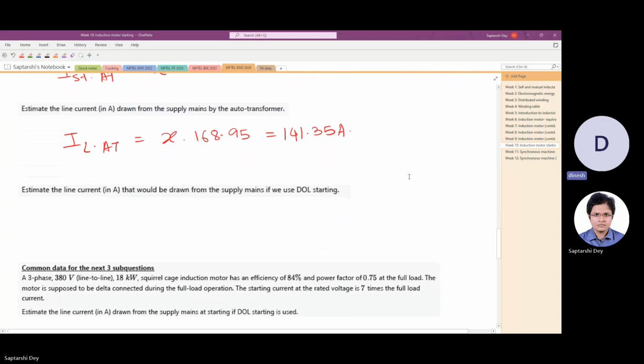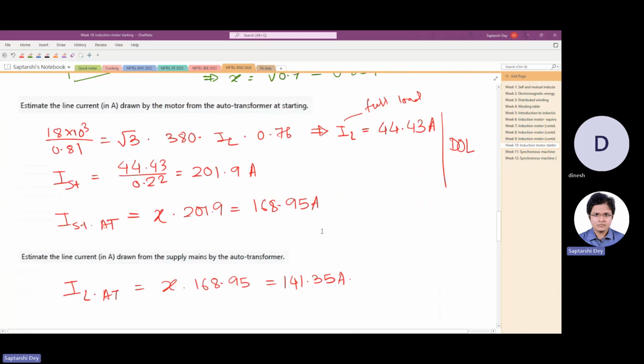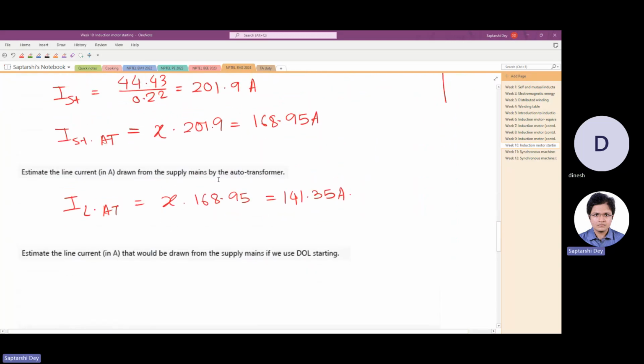Now the question is, estimate the line current that would be drawn from the supply mains if we use DOL starting. You already did that. DOL starting supply mains current is 201.9 ampere.